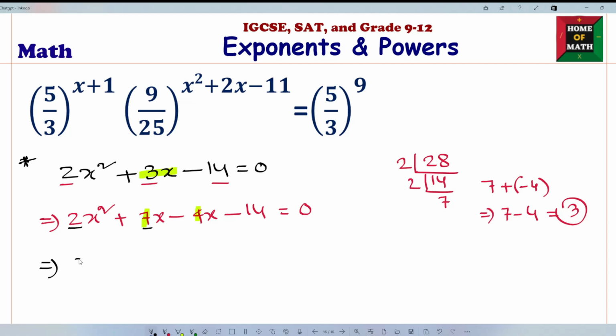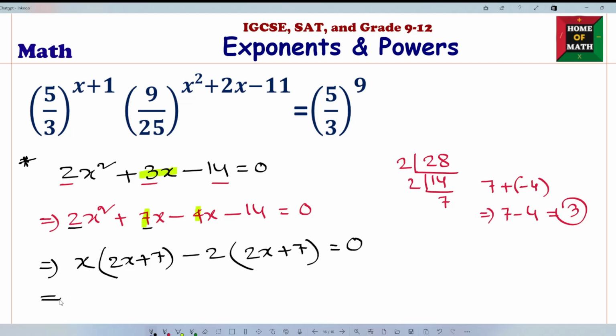Therefore, here is only x, so what will happen: x(2x+7). Then we can take common −2, again 2x+7, equals 0. Now (2x+7) times (x−2) equals 0.